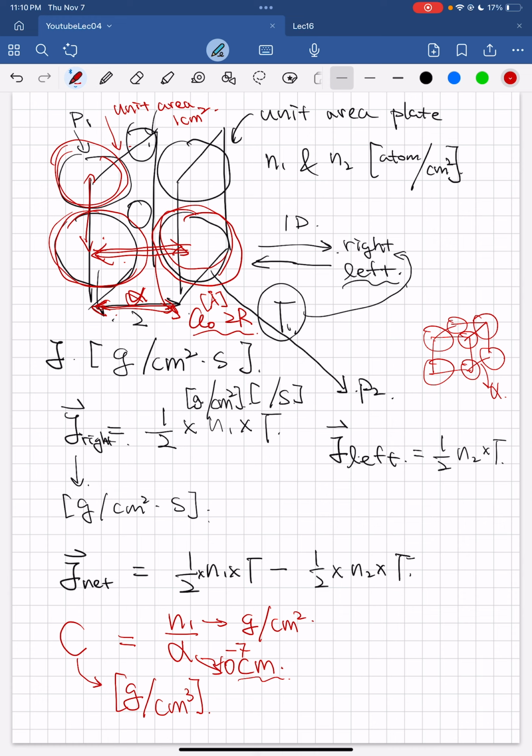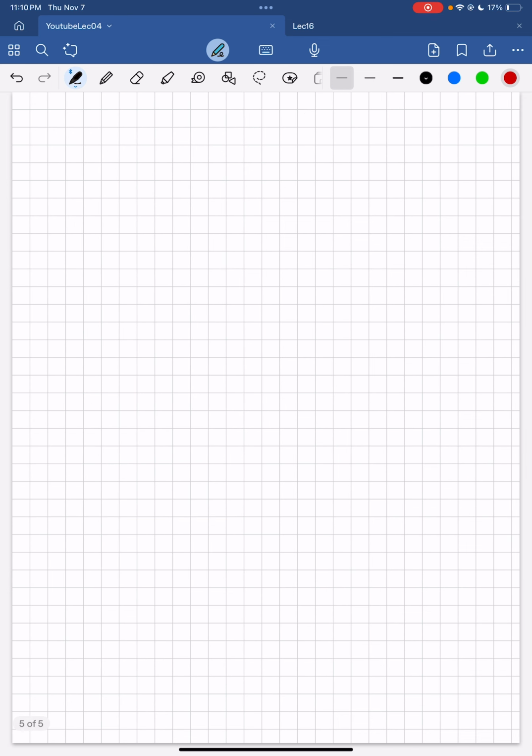Now we can replace this: N1 equals C1, the concentration on plate 1, times alpha here. Same logic for N2 equals C2 times alpha. Then J net should equal gamma, alpha, right?